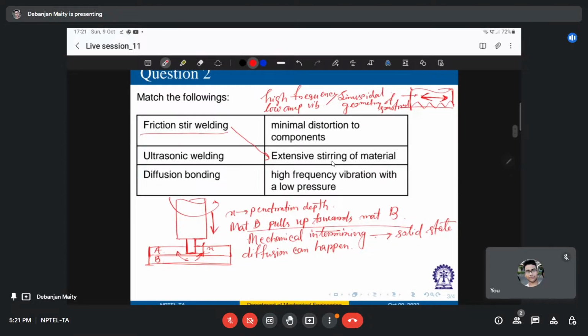And here you will have your workpiece, and here again you can have some kind of die pattern, which can again apply some kind of pressure.